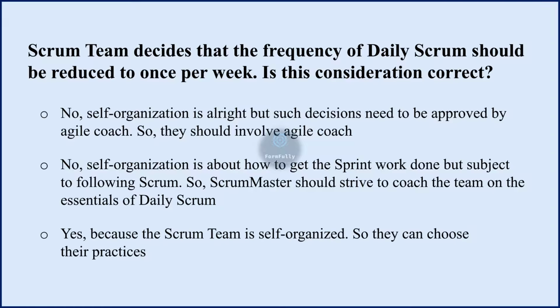Option 3, yes, because the Scrum team is self-organized, so they can choose their practice. Among these, the correct option is the second. While Scrum emphasizes self-organization, it does not mean that the Scrum team can change or eliminate fundamental Scrum events, such as daily Scrums.